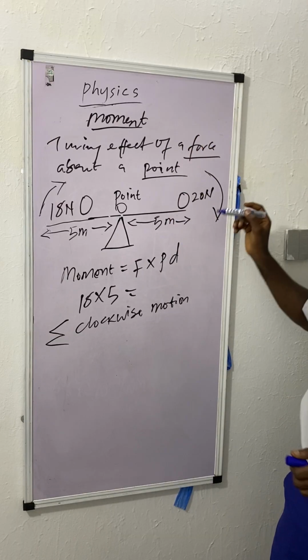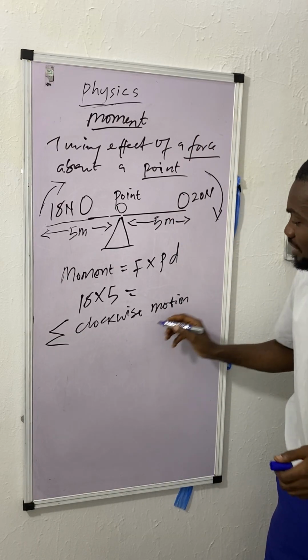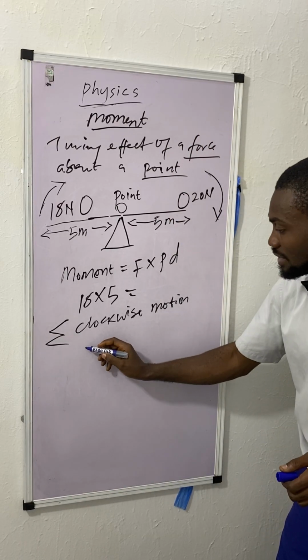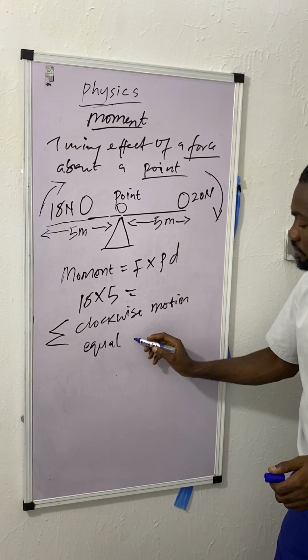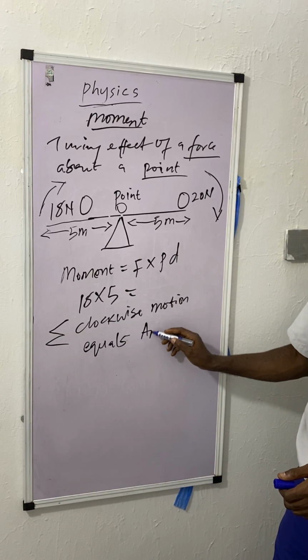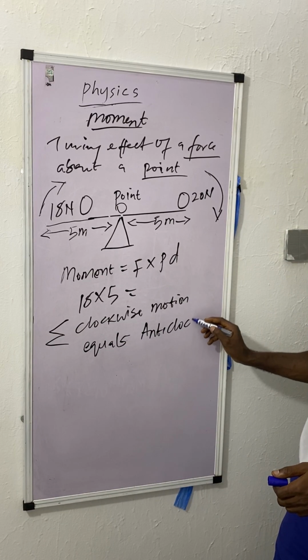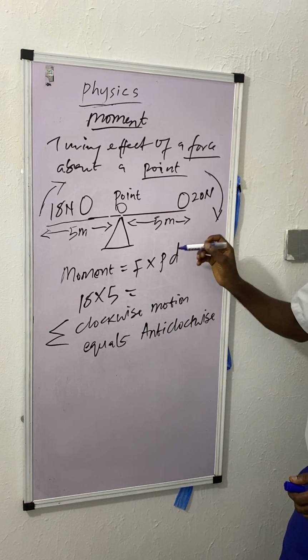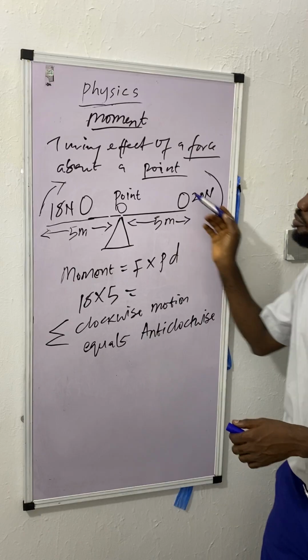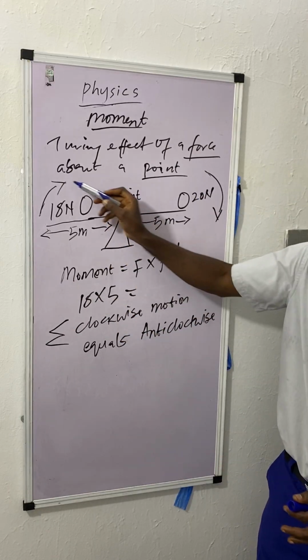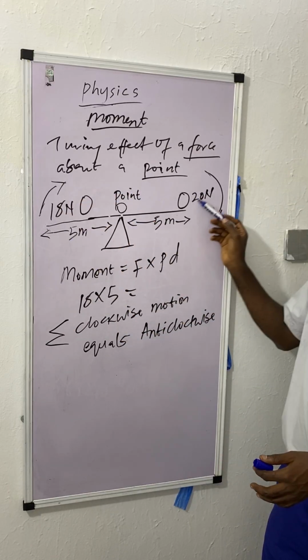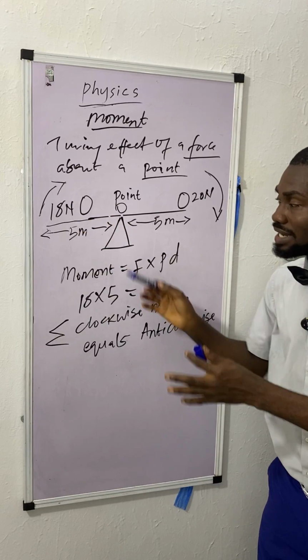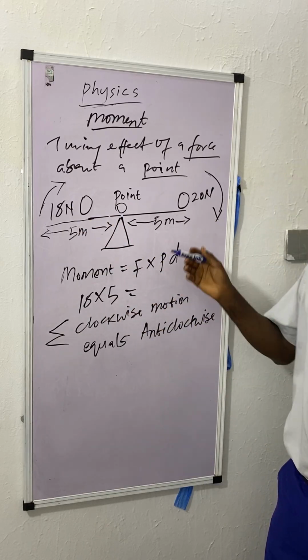Anti-clockwise is when it's coming down. So if you have to calculate the moment of the entire system, you calculate this side for the clockwise, calculate the other side for the anti-clockwise, and add them together to get your answer.